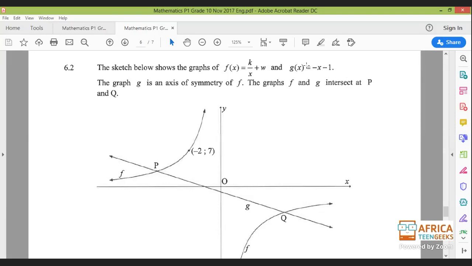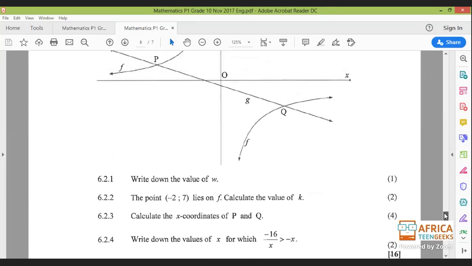We know that g of x equals negative x minus 1 is a straight line graph, which means it has a downward slope, and yes, this g of x has the downward slope. The graph g is the axis of symmetry of f. The graphs f and g intersect at P and Q. That's why they meet, basically.